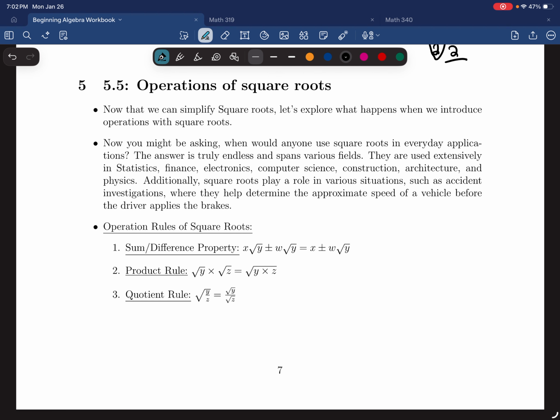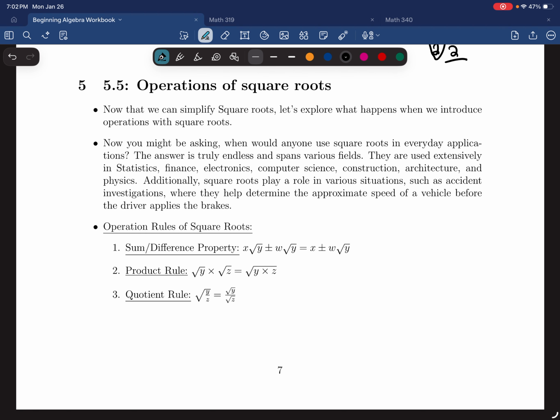So some of you might be asking, when would anyone even use square roots in everyday life? And to be honest, the answer is really truly endless and spans almost every field that math can be used. They're used, for instance, in statistics, finance, electronics, computer science, construction, architecture, physics, and they're also used in very miscellaneous cases.